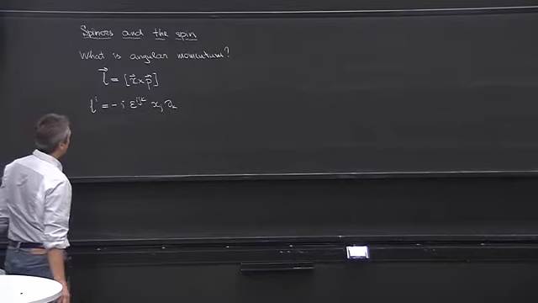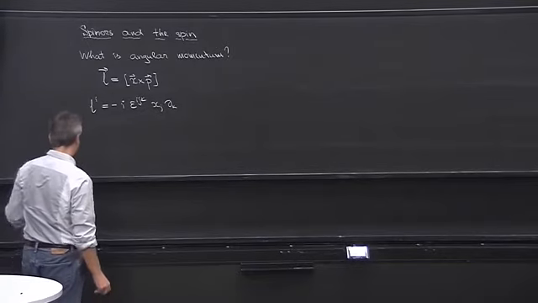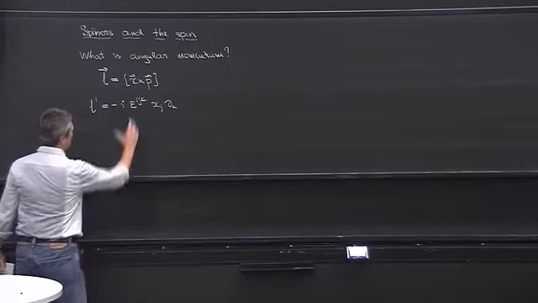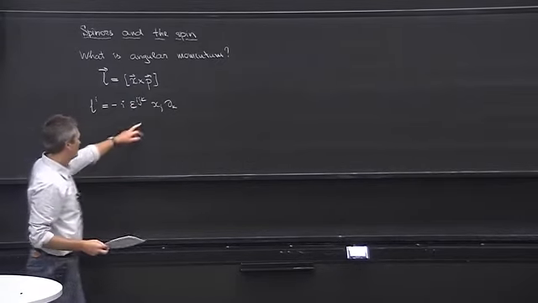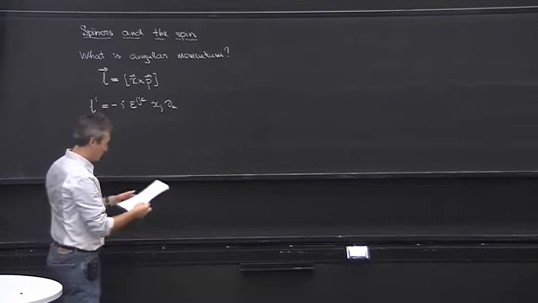We can equally well characterize it by just this product without the epsilon symbol, because what the epsilon symbol does is antisymmetrize in indices j and k.